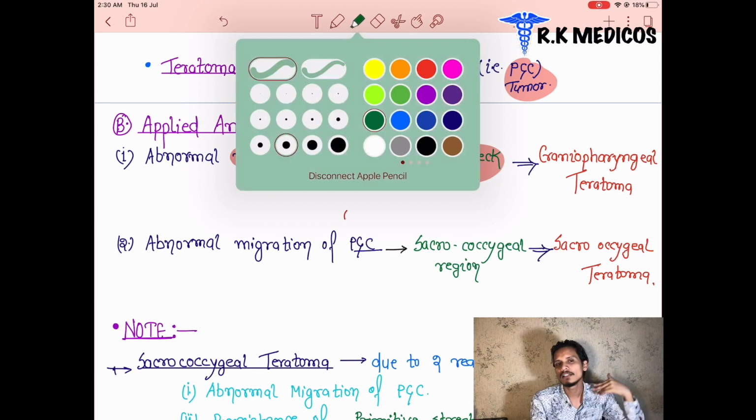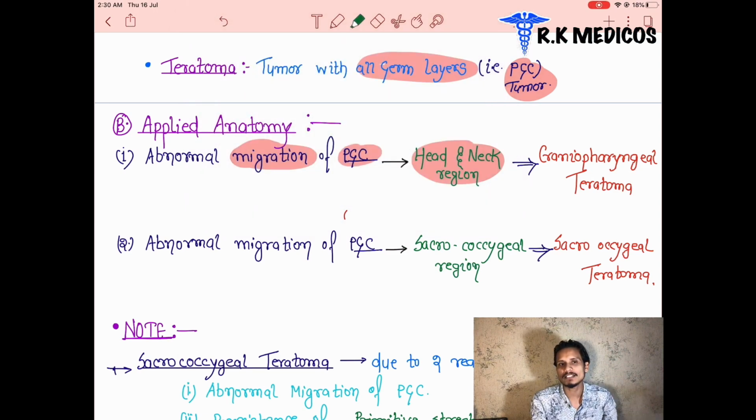craniopharyngeal teratoma. Once again, there is an abnormal migration of the primordial germ cells in the sacrococcygeal region. Behind us, in the back, in the buttock region, the sacrum and coccyx bones are present. These tumors are formed by migrated primordial germ cells. They are called sacrococcygeal teratoma.